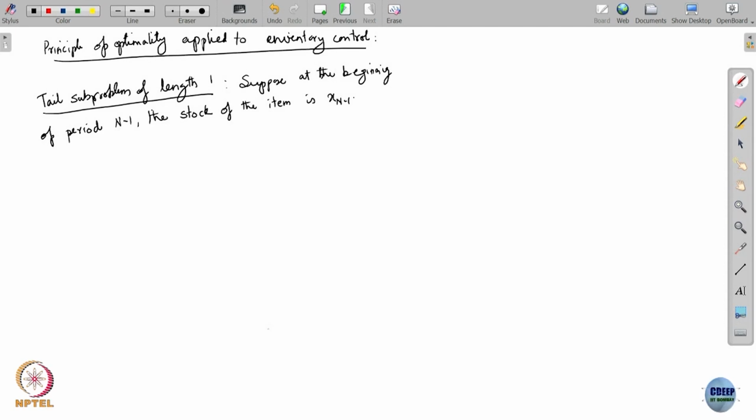Since you are starting at time instant n minus 1, the cost that you incur is the cost of ordering, storage, whatever, so R of x_{n-1} and C of u_{n-1}. So, the cost associated with that time instant and the terminal cost associated with time instant n, right. So, the inventory manager has to simply look at these two terms, which is the cost in the n minus 1th time period, and the terminal cost. Okay.